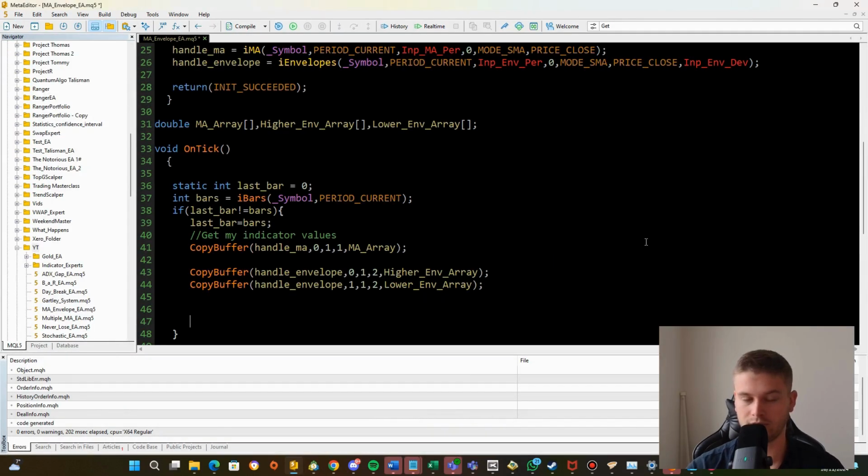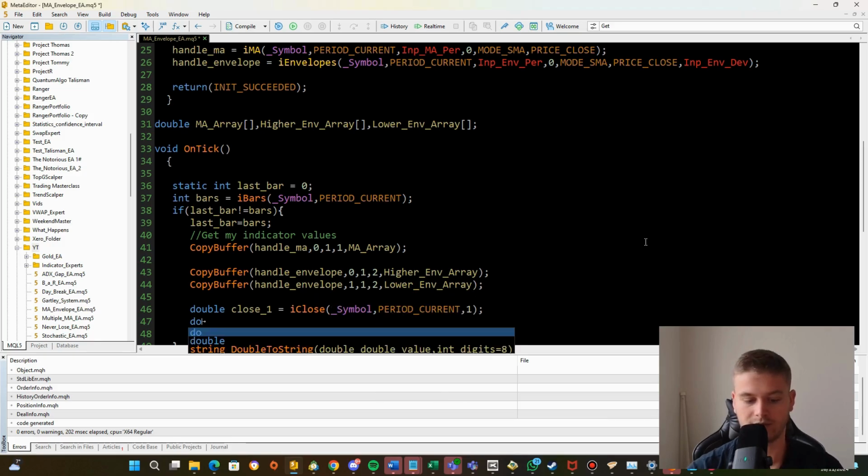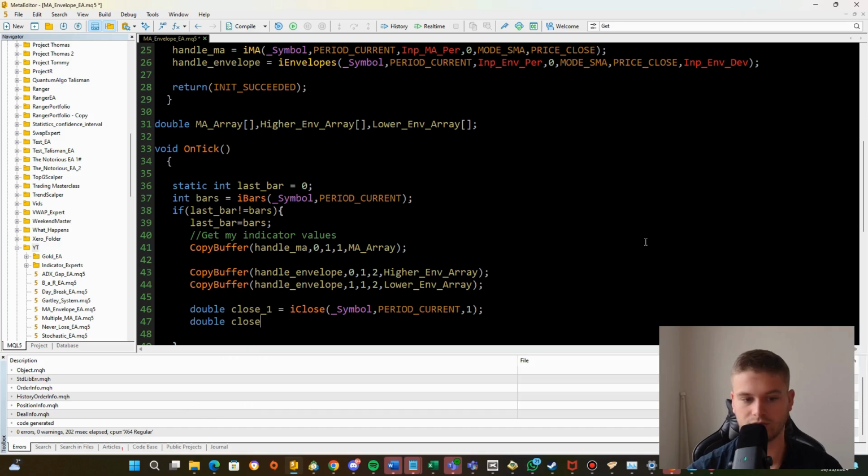Okay, so let's do this. First of all, I will create variables for the price. Let's go: close 1, which will be equal to iClose symbol period shift 1, close 2, which will be equal to iClose symbol period 2.